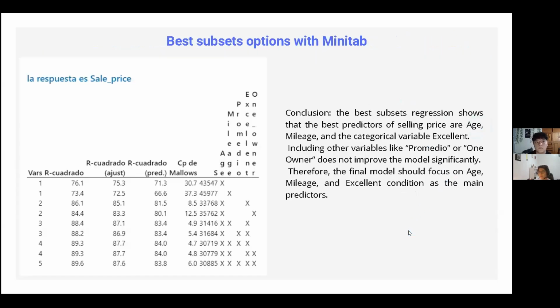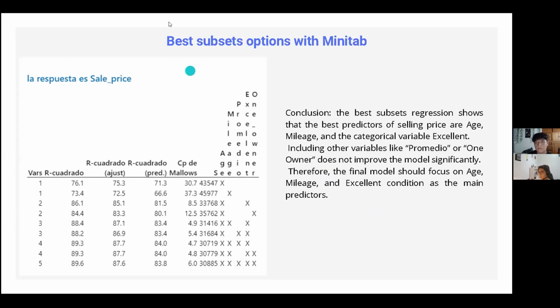Then we obtained the best subsets options with the Minitab regression option, which helps us identify which combination of variables best predicts the selling price. We focus on three main metrics: adjusted R squared, where higher is better; predicted R squared, which is how well the model generalizes; and Mallows' Cp, where lower is better.